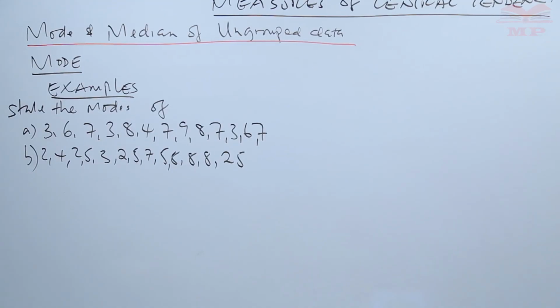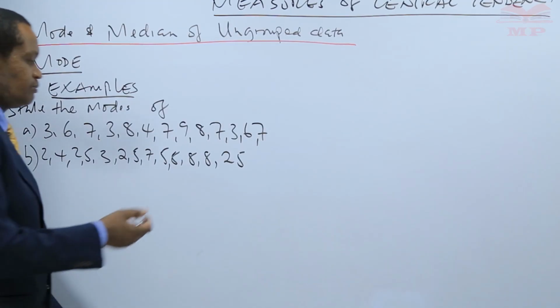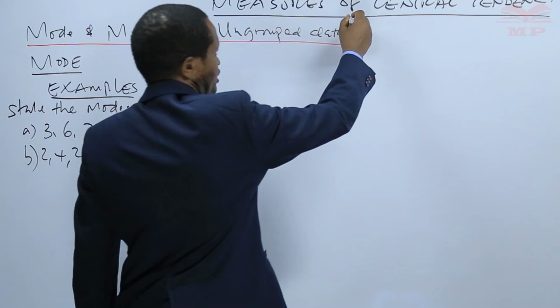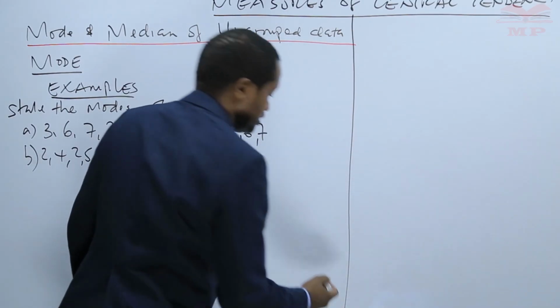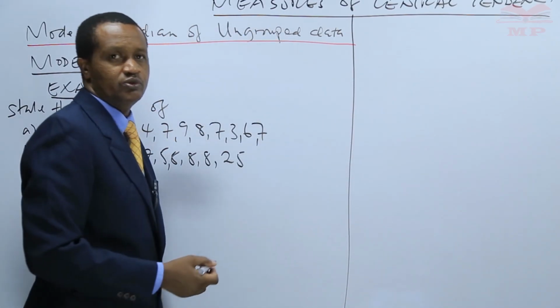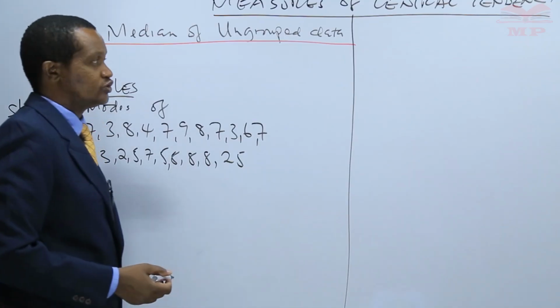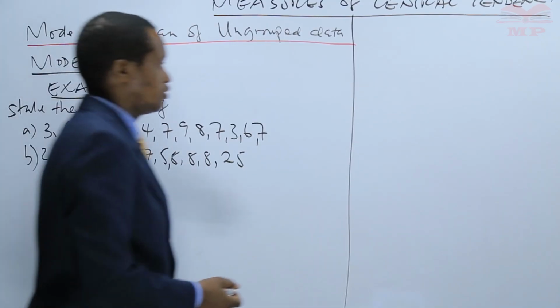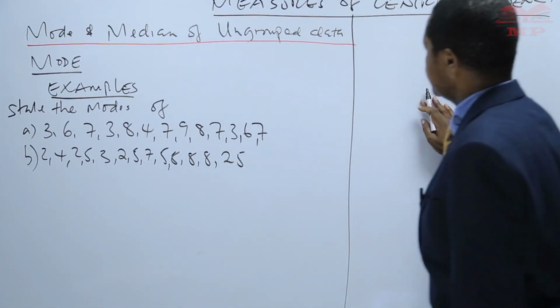So in finding the mode of such data, learners, it is always advisable to draw a frequency distribution table of the said data.